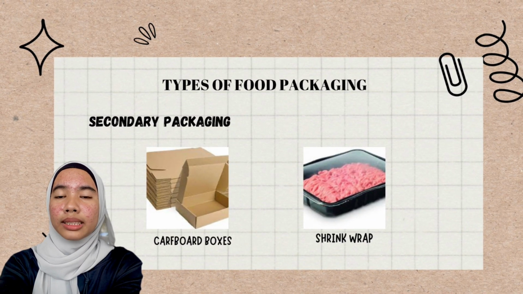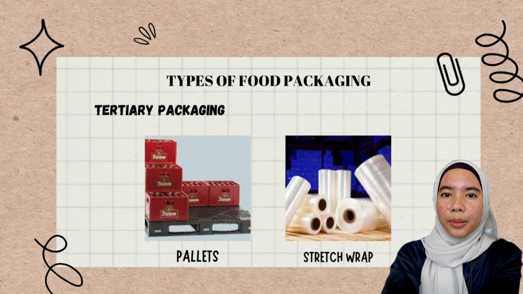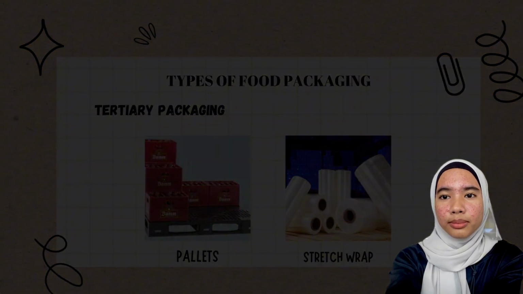Secondary packaging refers to the outer layer of packaging that protects multiple primary packages. Examples are cardboard boxes and shrink wrap. Tertiary packaging involves packaging used for shipping, transportation, and bulk handling of food products. For example, pallets and strings.